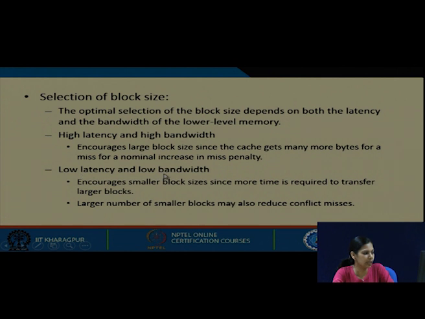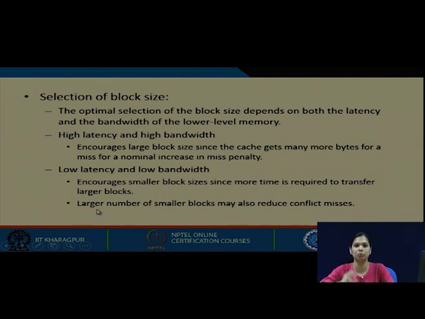If we have low latency and low bandwidth, this encourages smaller block size, since more time is required to transfer large blocks. Of course, more time will be required to transfer larger blocks. A larger number of smaller blocks may also reduce conflict misses.